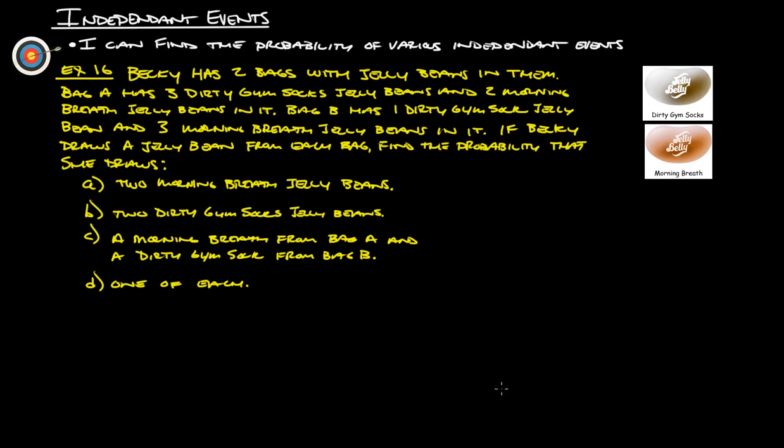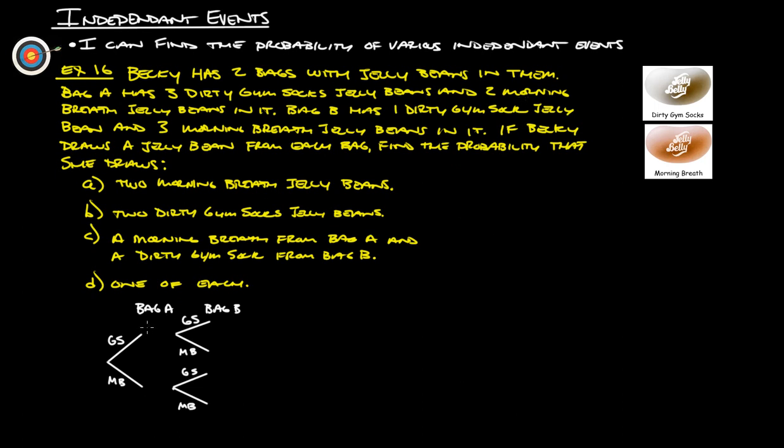Okay, so let's see what we can do to figure this out. I'm just going to draw a tree diagram so we can see what's going on. You don't have to, because you can just calculate each of the probabilities separately without the tree diagram, but I feel the tree diagram makes it easier to explain and understand. Bag A has 3 Dirty Gym Socks and 2 Morning Breath.